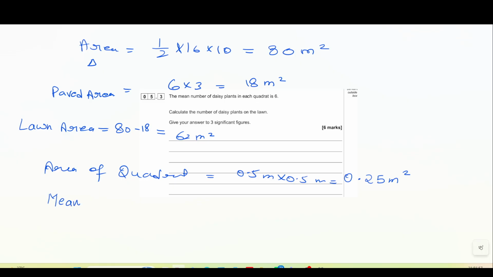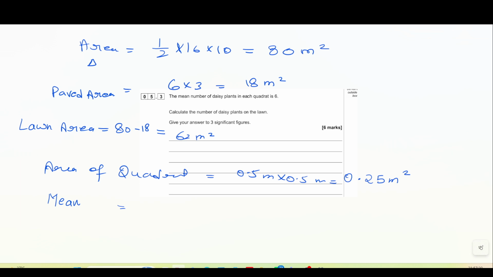And then you do 62 divided by 0.25, because that gives you the number of quadrats in the area.